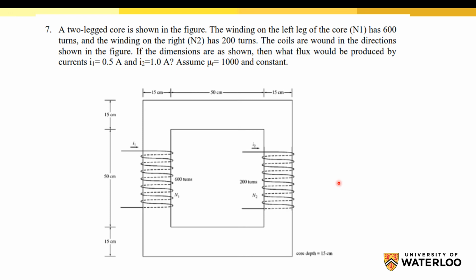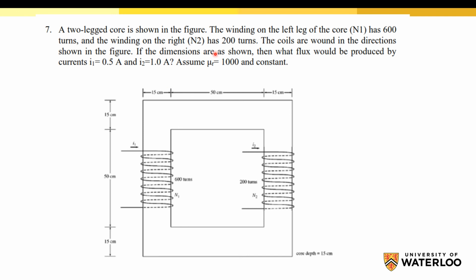Question 7. A two-legged core is shown in the figure. The winding on the left leg, N1, has 600 turns, and the winding here has 200 turns. The coils are in the direction shown in the figure.